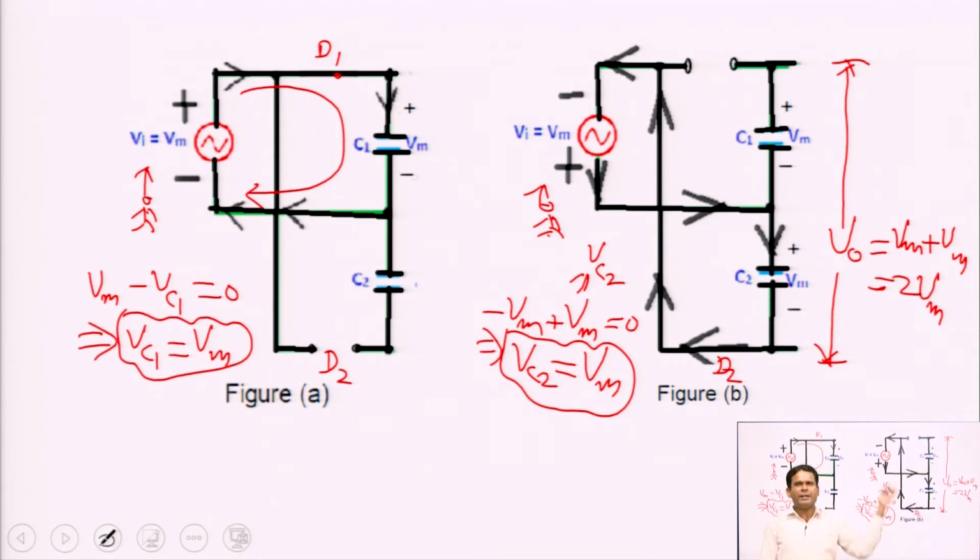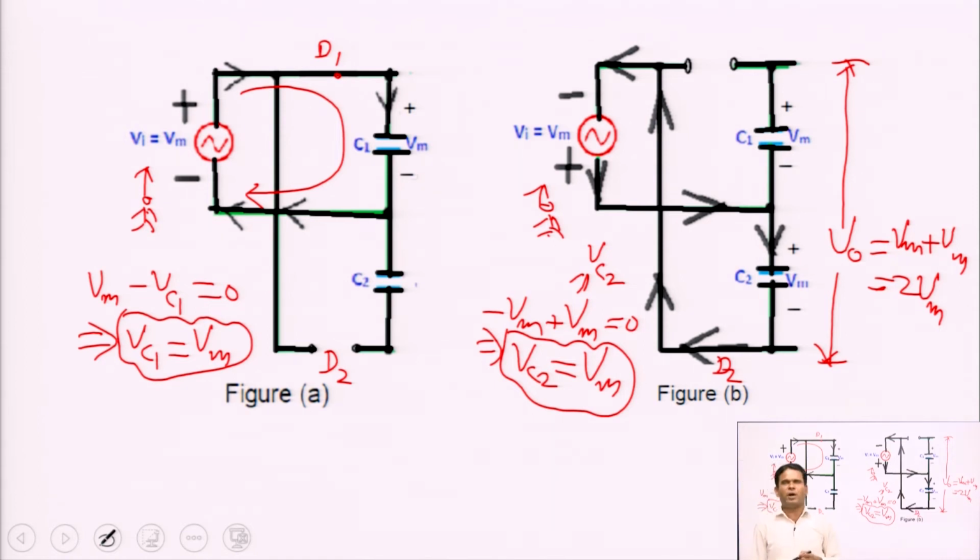And why is it called full wave voltage doubler? Because we are taking the output voltage across C1 and C2 simultaneously, and C1 gets charged during the positive half cycle and C2 gets charged during the negative half cycle. This means positive half cycle plus negative half cycle, it is called full wave. That is why it is called full wave voltage doubler.